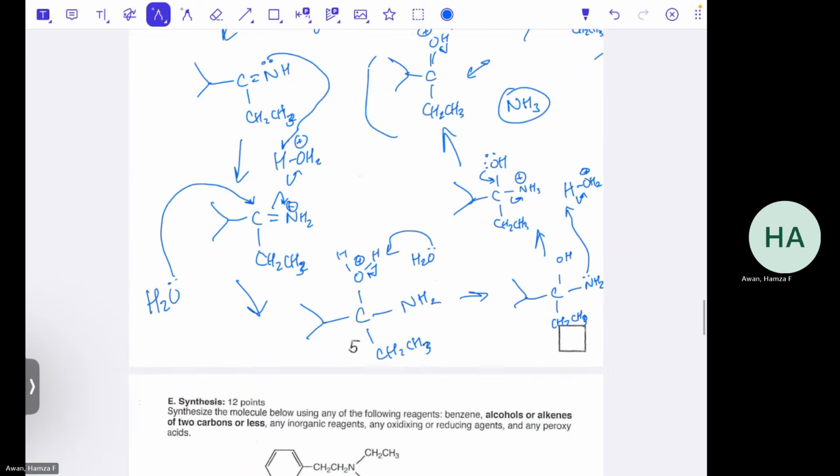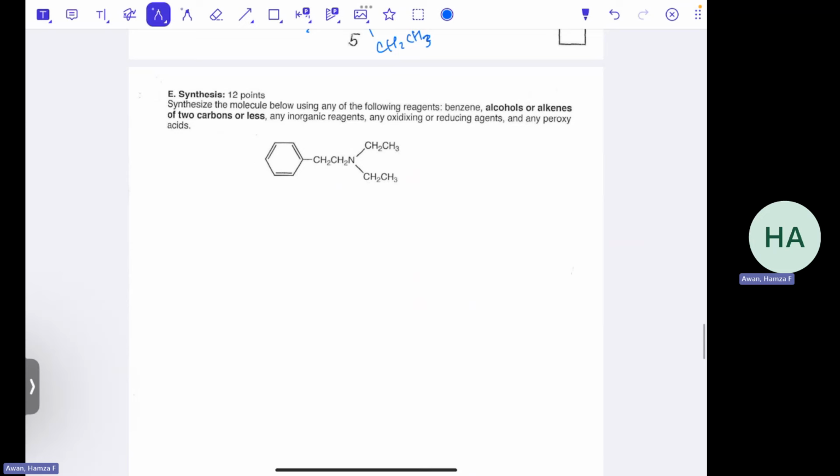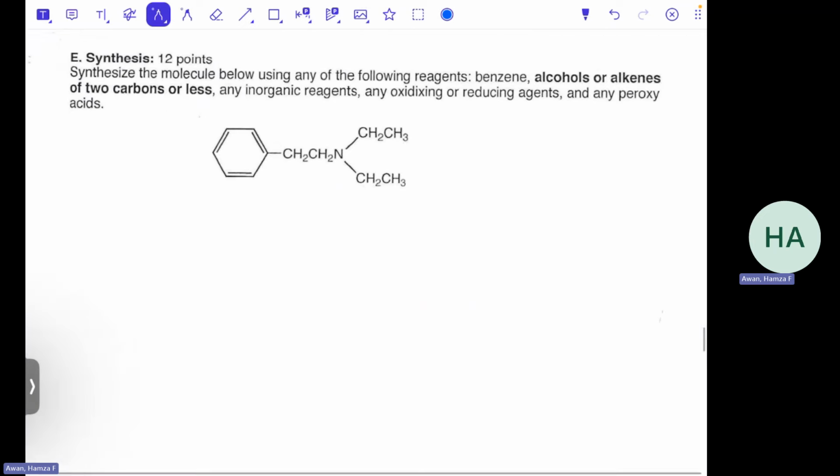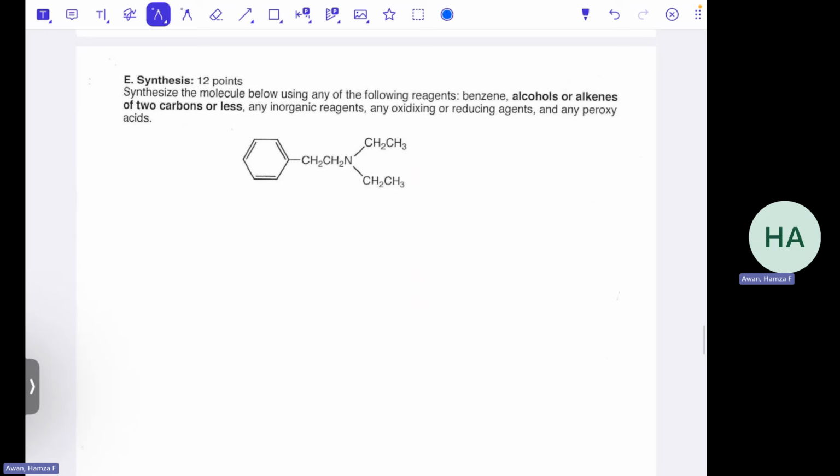All right. So onto the synthesis. So on this synthesis, we have an amine. And so the first step we want to do with an amine is create an amide. And the way we can do that is by using a two-step reaction called LiAlH4 and H2O.